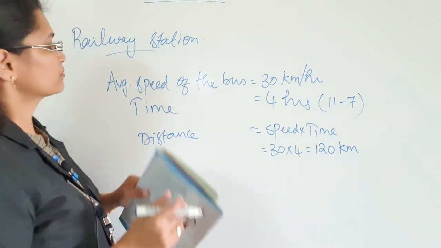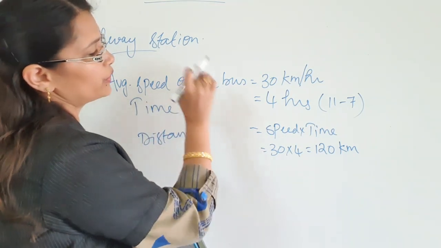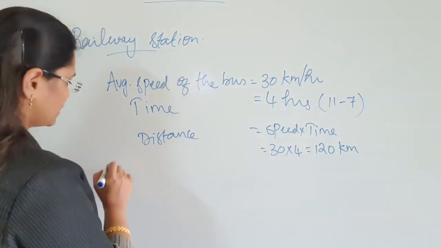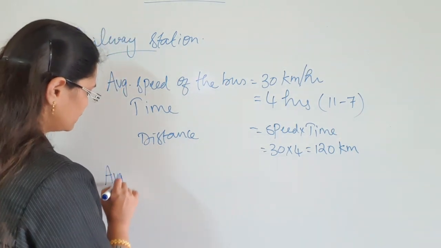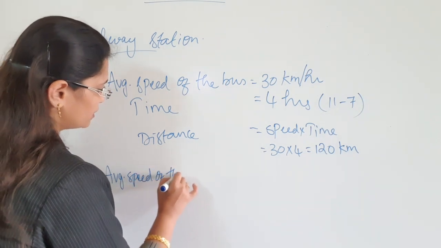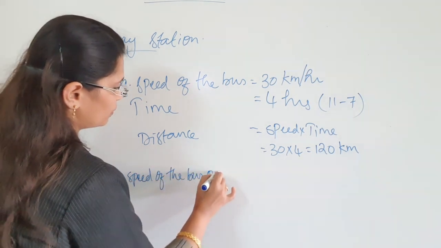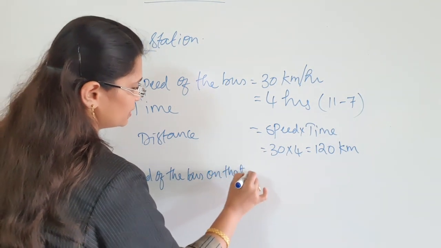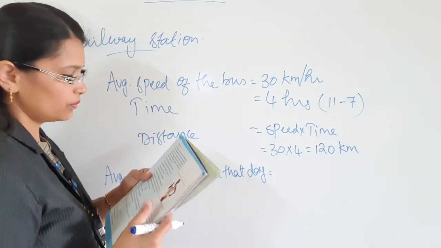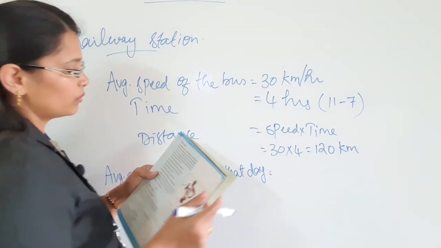Then average speed of the bus on that rainy day is equal to 20 kilometer per hour.